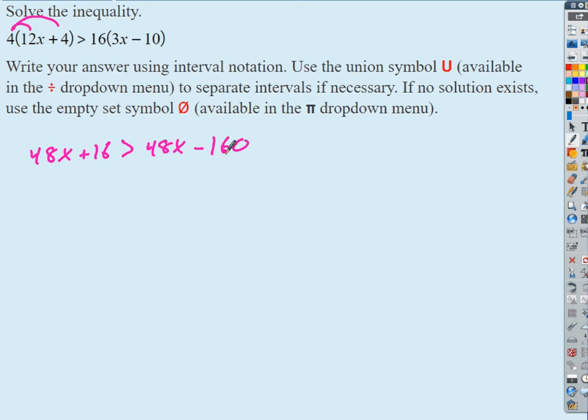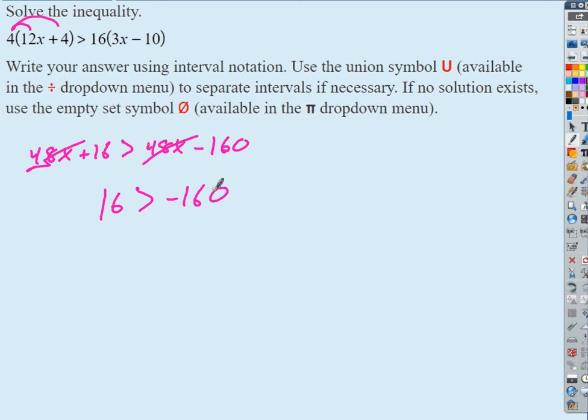What can I do? Okay, I can subtract 48x from both sides, right? So the variables drop away and I'm left with the inequality, 16 is greater than negative 160. How do we interpret that? That's true, isn't it? How often is that true? All day long, right? That's true always.